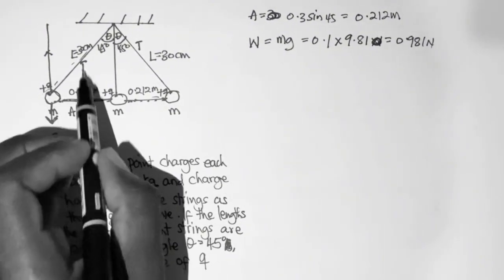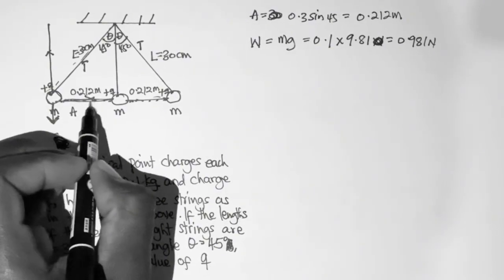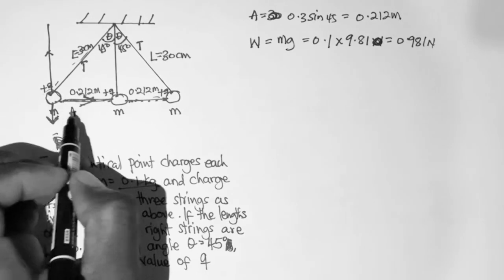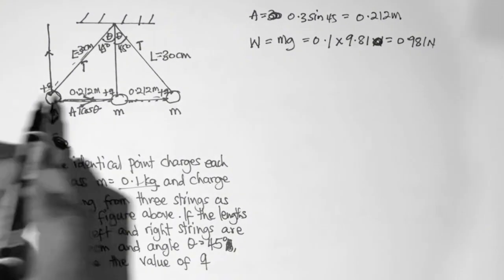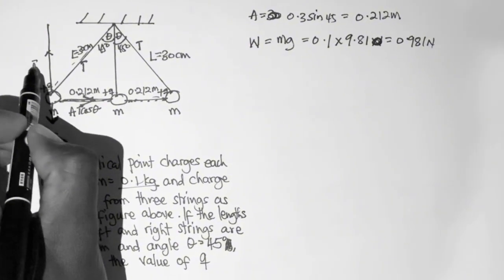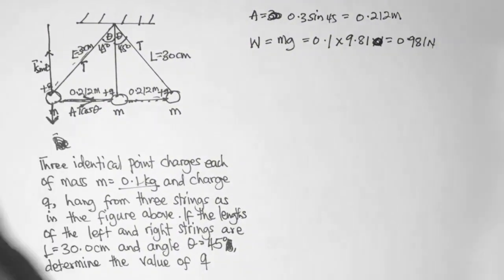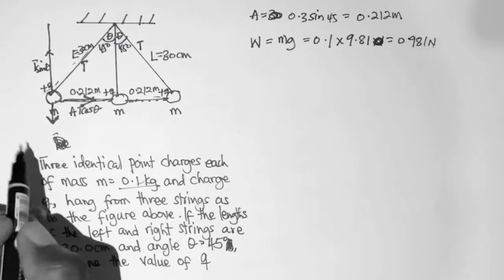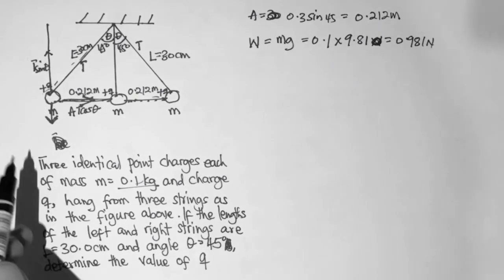The horizontal component of this tension is T cos theta, and the vertical component is T sine theta.